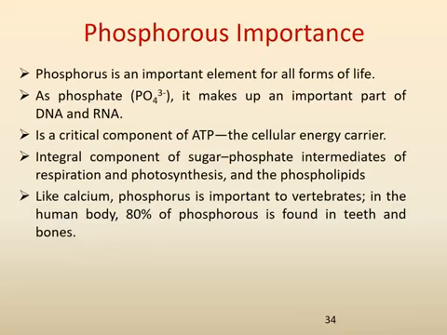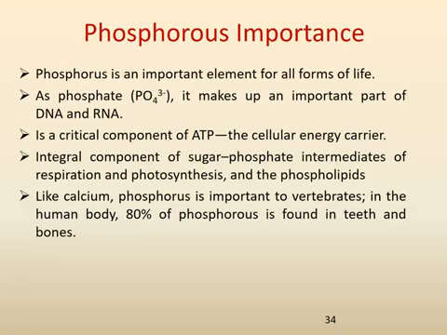Importance of phosphorus. Phosphorus is an important element for all forms of life. As phosphate, it makes up an important part of the structural framework that holds DNA and RNA together. Phosphates are also a critical component of ATP, the cellular energy carrier for organisms to use in building proteins or contracting muscles.